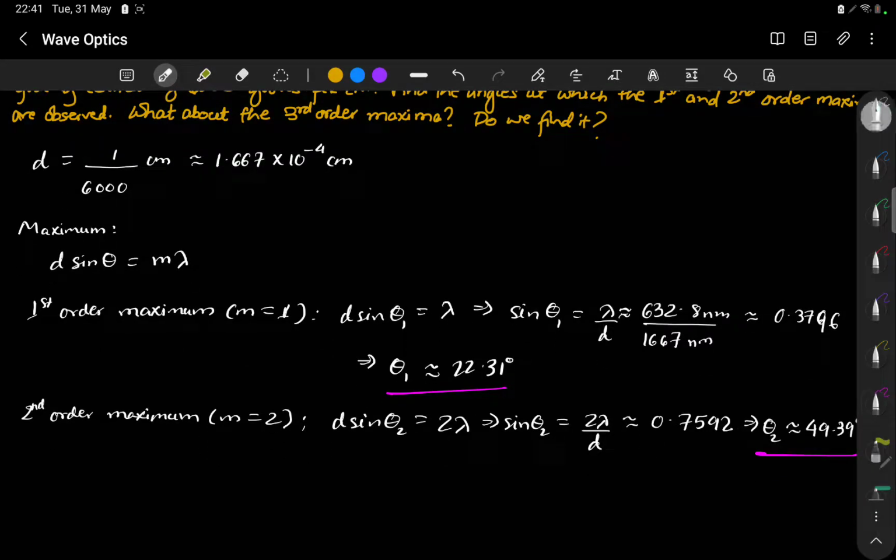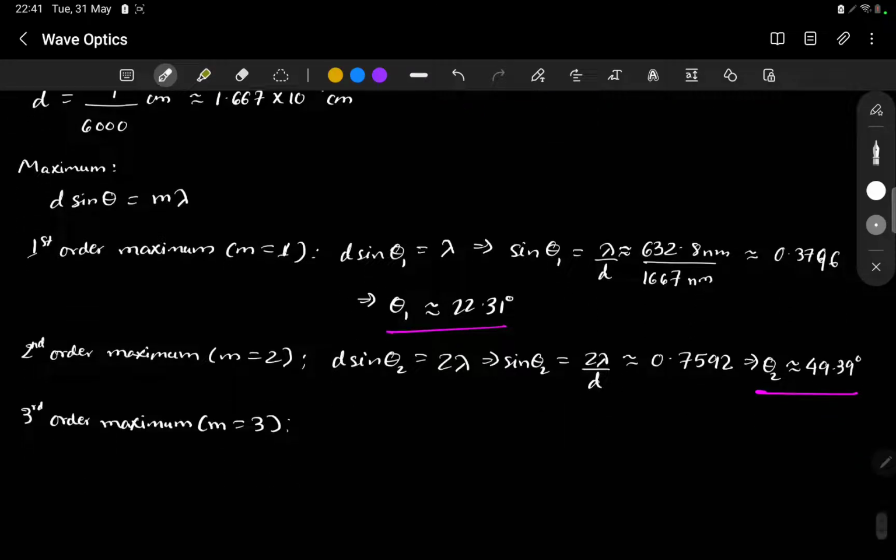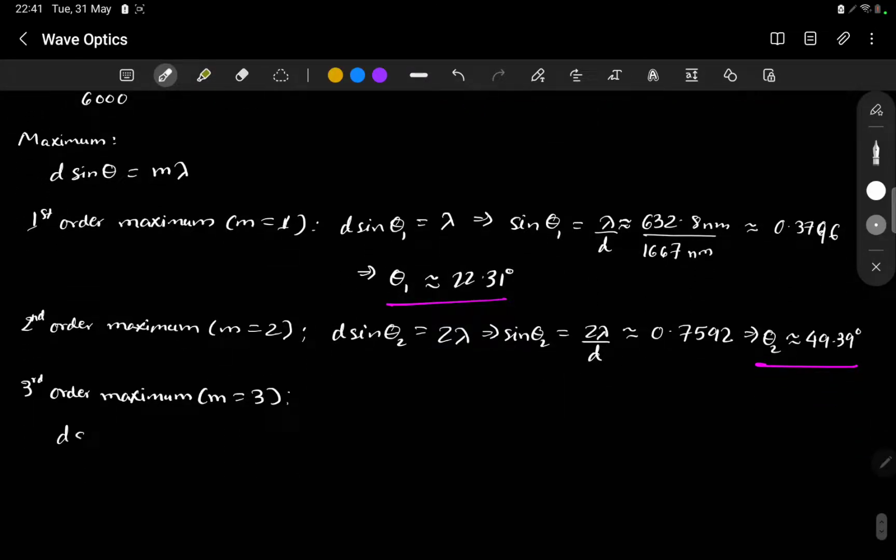Now let us see what happens for the third order maximum. For this m is equal to 3. Let us look at this carefully. We have d sine theta 3 equal to 3 lambda, so sine theta 3 is 3 lambda over d.